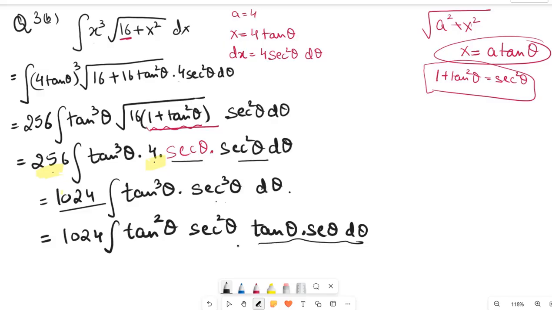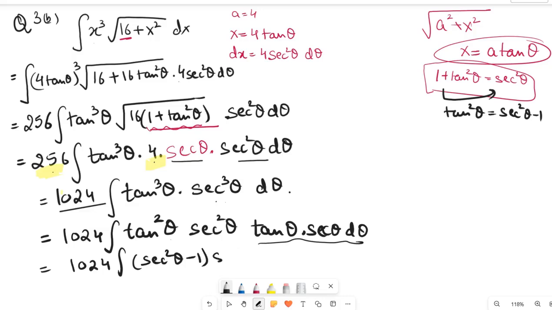Now remaining tangent squares are converted to secant square by the formula tangent square theta can be written as secant square theta minus 1. So this is 1024 secant square theta minus 1 secant square theta tangent theta secant theta d theta.